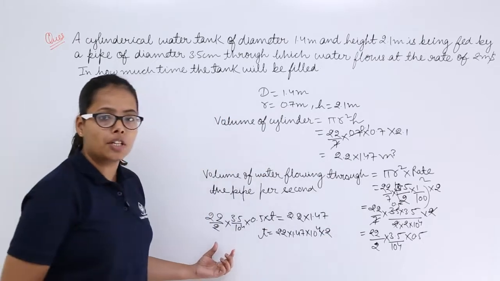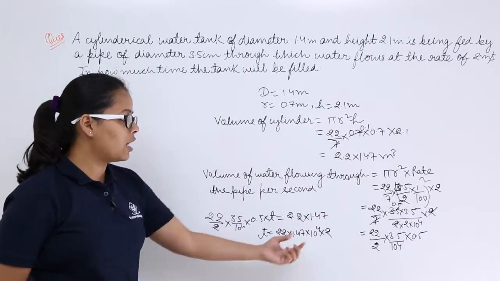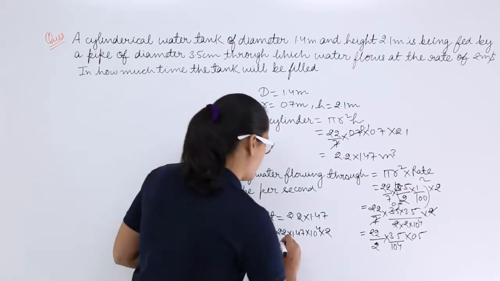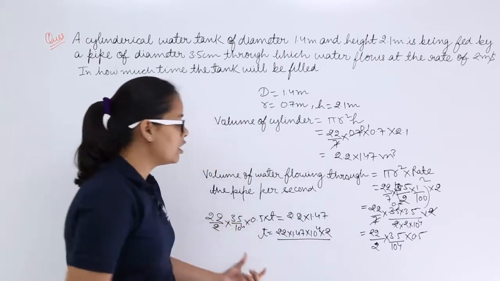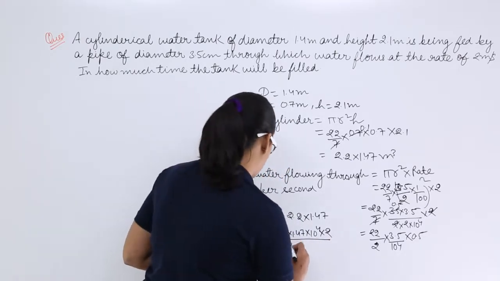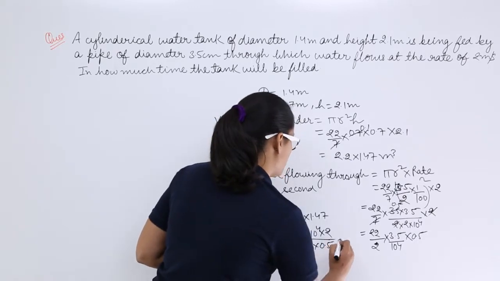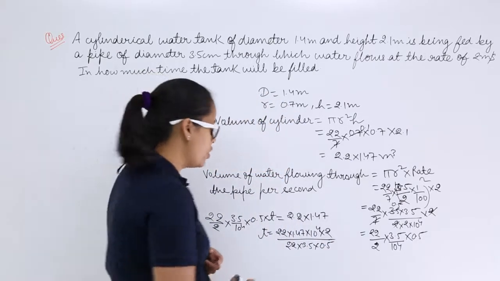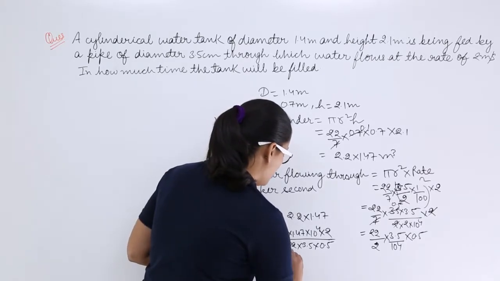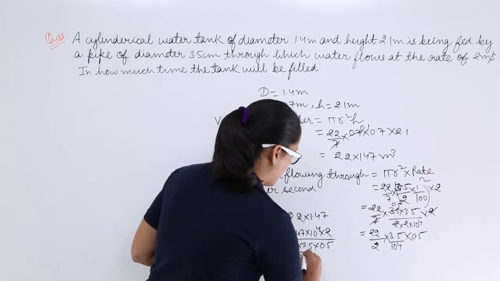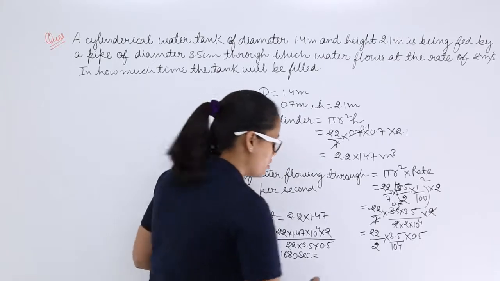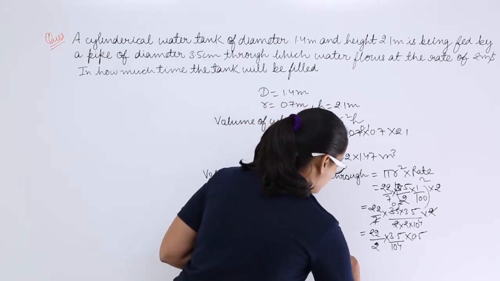All the values in the denominator on your left hand side will come in the numerator on your right hand side, and the values in the numerator will come in the denominator. So when you evaluate this, you will get 1680 seconds. And how much in minutes? 28 minutes.